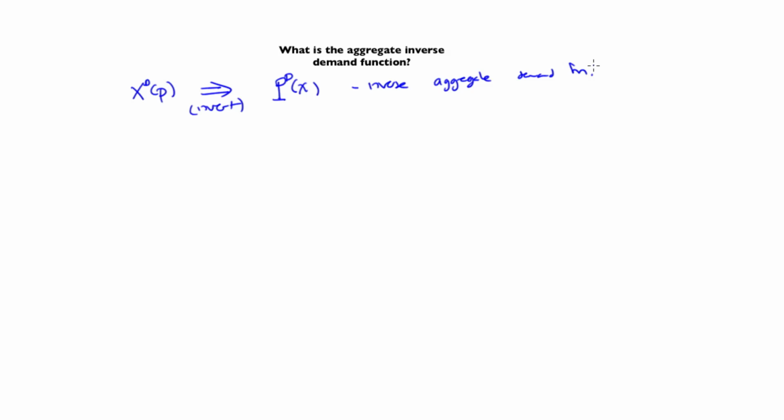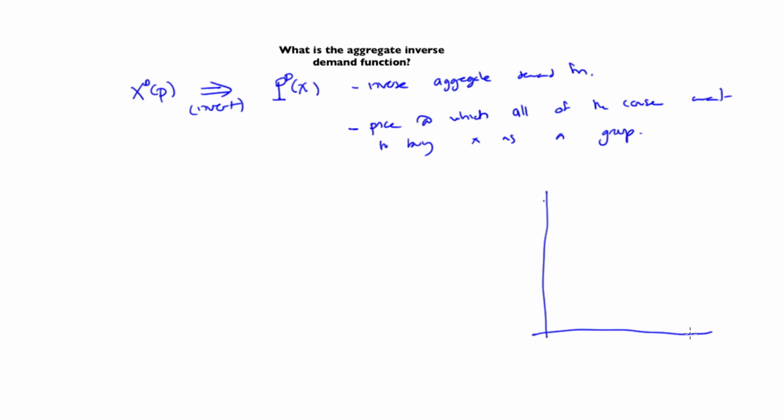In words, the meaning is the price at which all of the consumers want to buy X as a group. So as you move the price, the consumers in the market are going to want to buy a different amount, and this is the price that gets all of the consumers in the market to buy X.